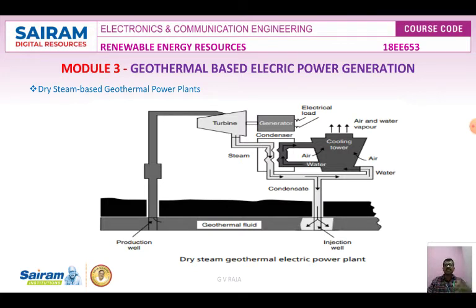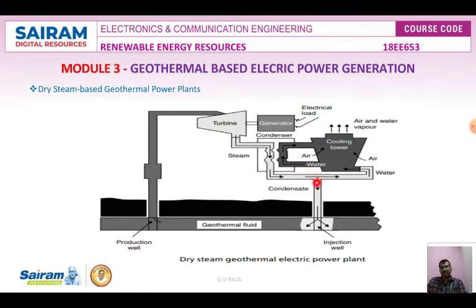Dry steam based geothermal power plants: from the ground, the water is converted into steam, and the steam will be passed to the turbine. This high pressure steam rotates the turbine. The generator which is connected to the turbine will produce the electricity, and again that steam will be converted into liquid when passing through the condenser or cooling tower.